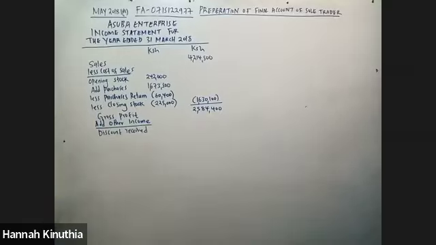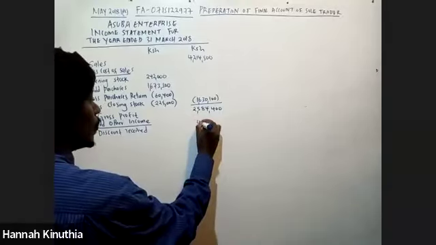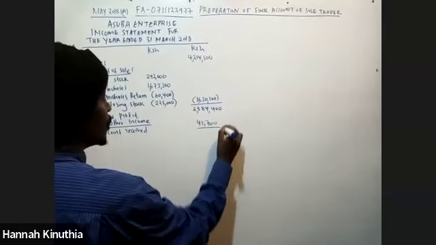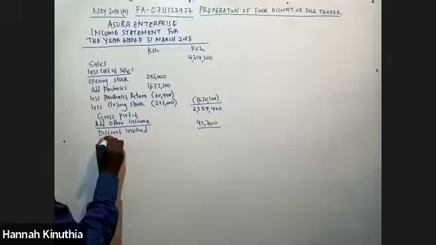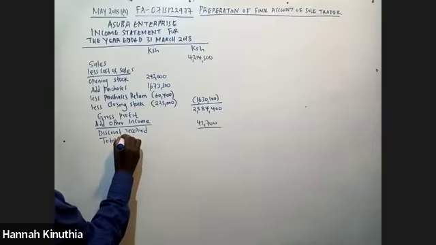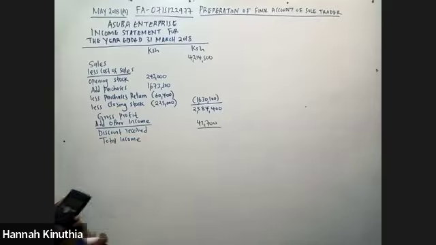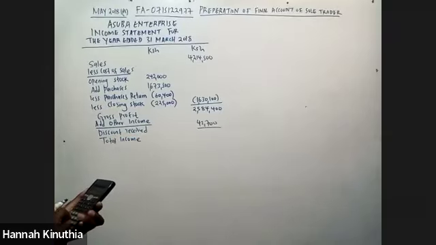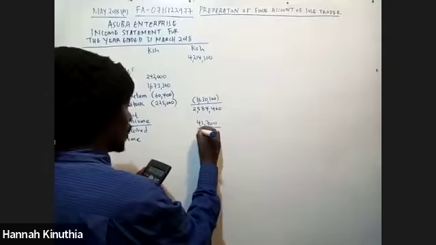Discount received is 42,700. There's no other income. So it will be 2584,400 plus 42,700, which gives 2627,100.